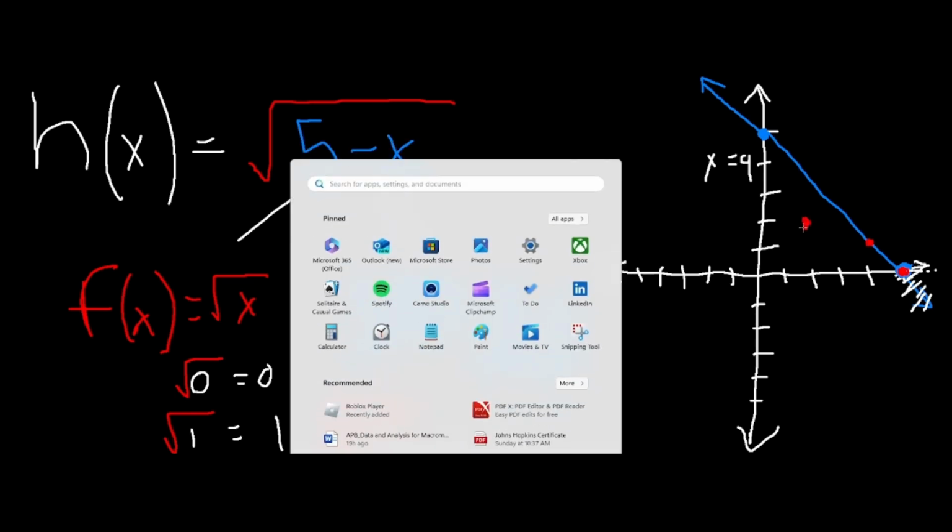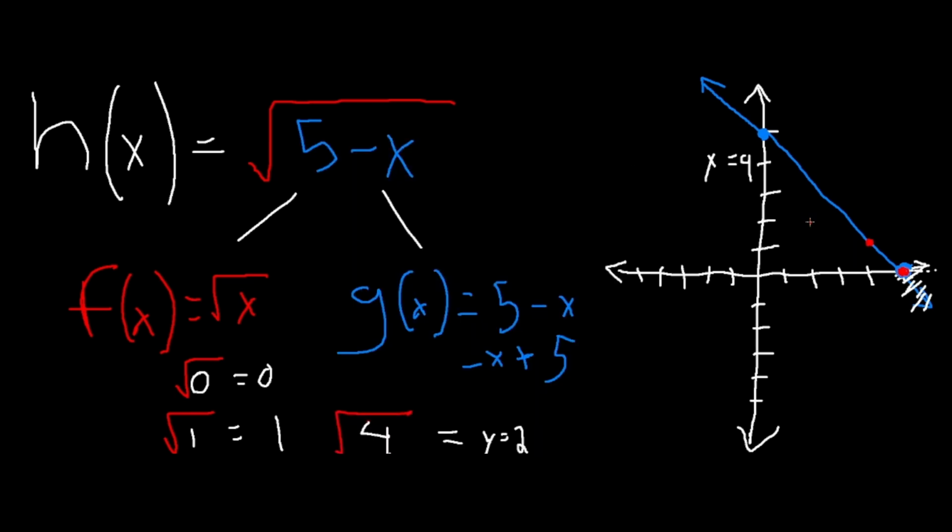So now we've got to move down to 2. Oh, that's not a very good point. There we go. So now our function is going to look something like that, like a square root function. Hold on, let me just make it a little bit more curved. There we go, something like that.